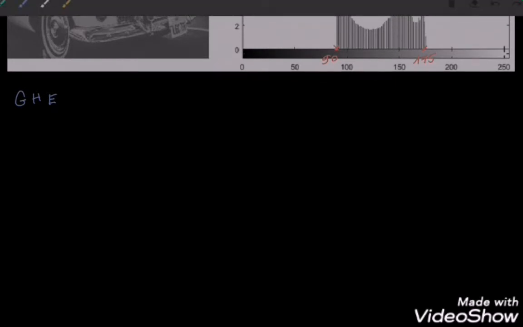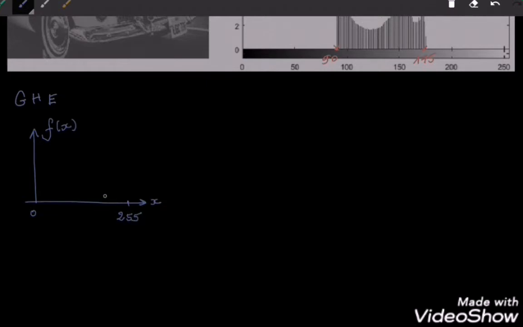We have an image with a bad contrast, and this is what its histogram will look like, or the probability density function. So the values extend from 0 to 255.